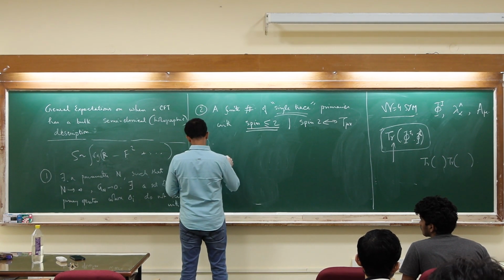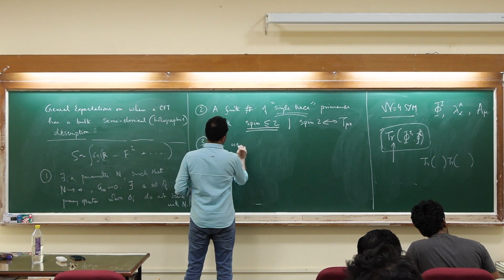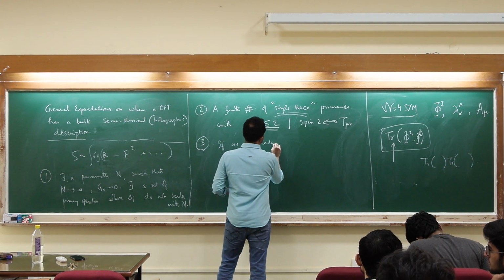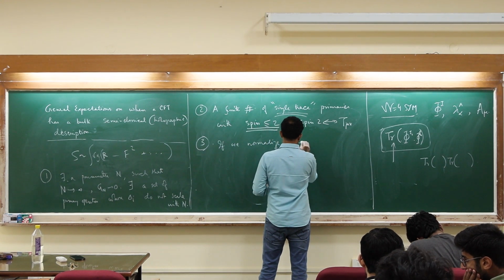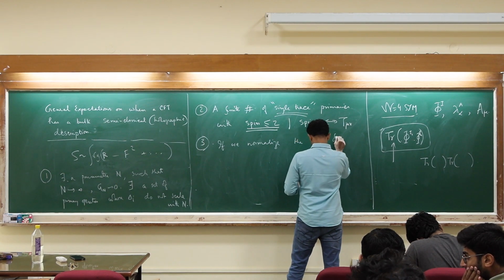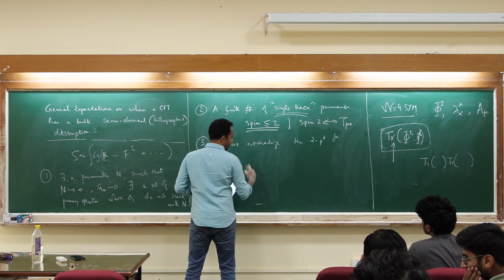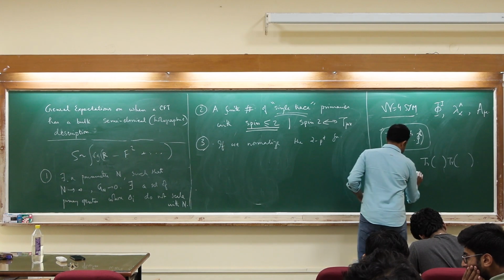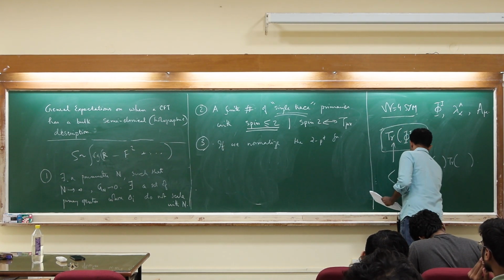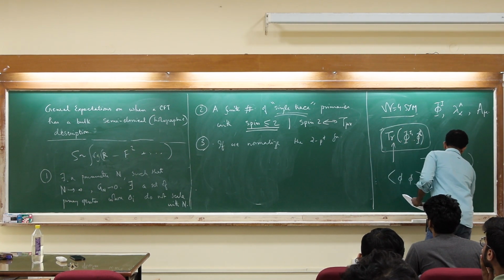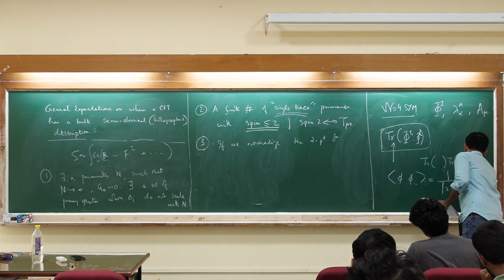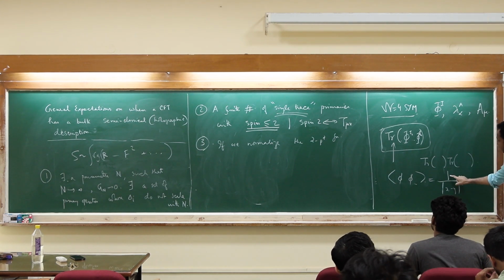Okay. So if we normalize the 2-point function such that, like when I wrote down the single trace primaries, let's say you wrote down this phi fixed so that this was of this form. Where there is this normalization.